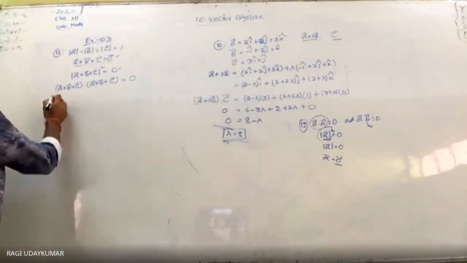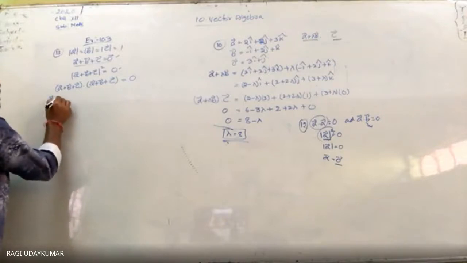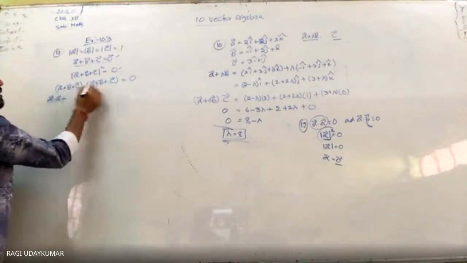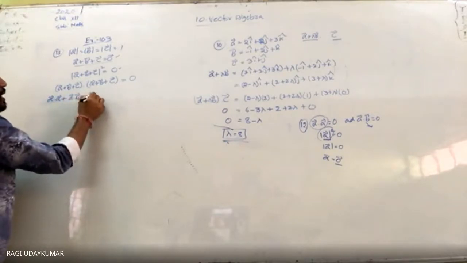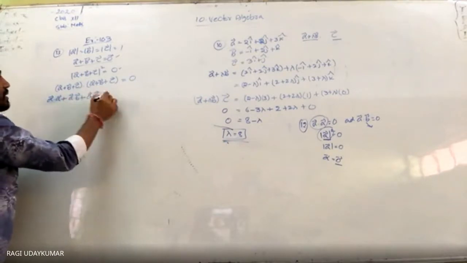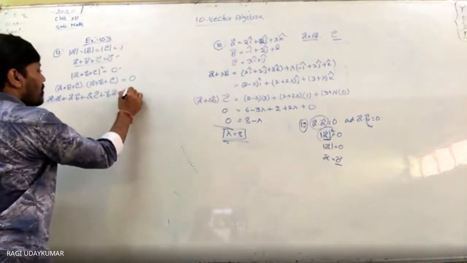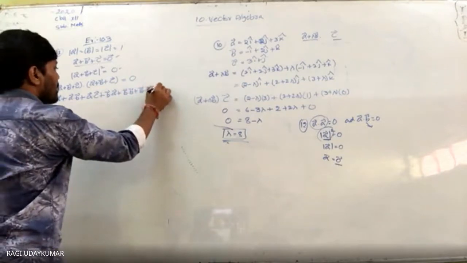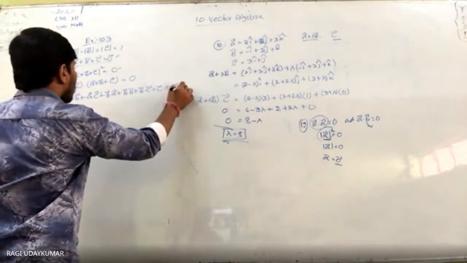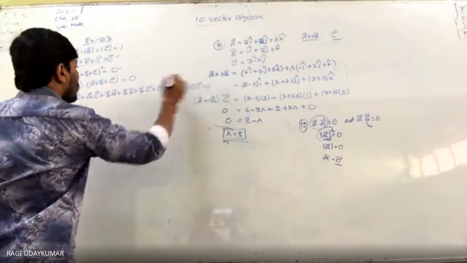Now you multiply: a bar dot a bar plus a bar dot b bar plus a bar dot c bar plus b bar dot a bar, b bar dot b bar, b bar dot c bar, c bar dot a bar, c bar dot b bar, c bar dot c bar is equal to 0.